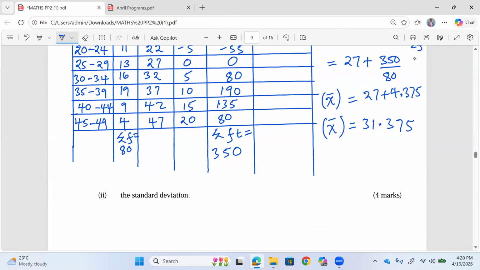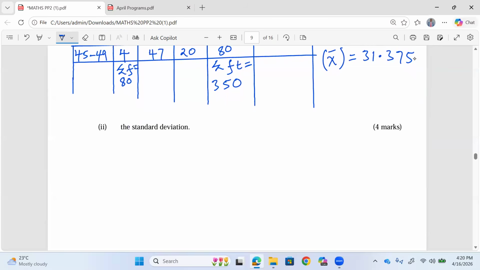All right, from there, we're supposed to know that the standard deviation, which is the square root of variance, is given by: the variance itself is the summation of ft squared out of summation of f, then we minus the summation of ft out of summation of f, and this part should be squared.